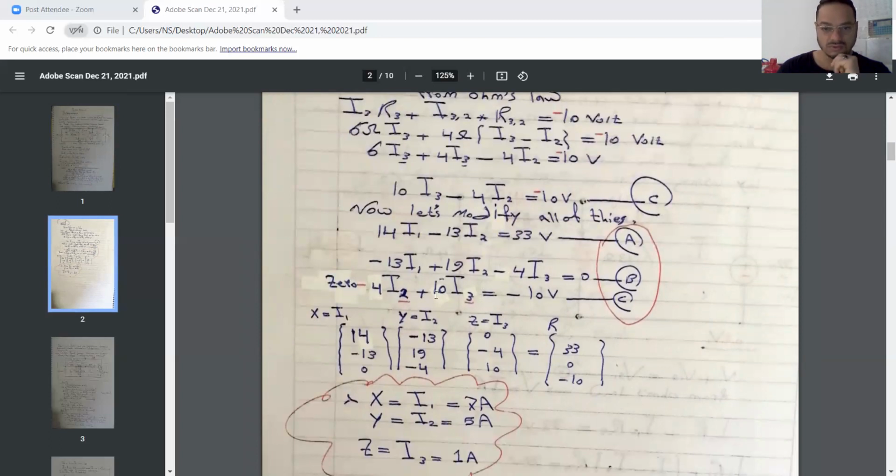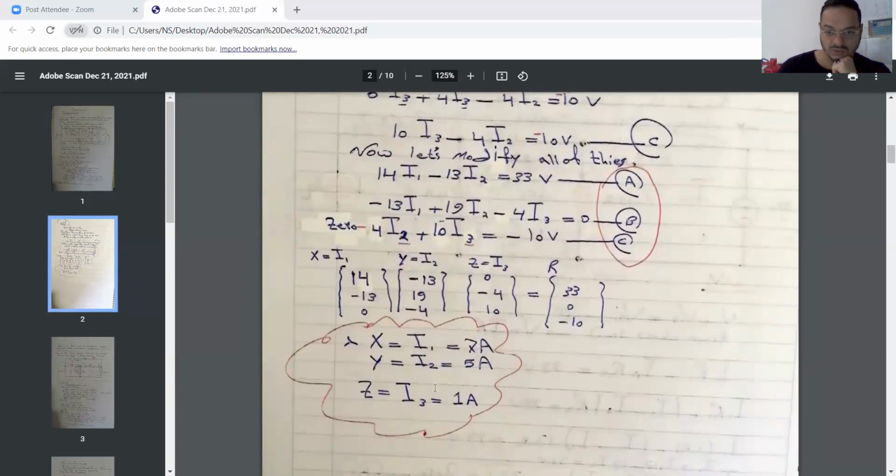And now to do something like that, X, Y, Z, that means X 14 minus 13 and 0, Y minus 13 plus 19 minus 4, and the last one, and the results will be I1 equal 7, 5 I2 ampere, and I3 equal, by using the calculator like the previous lectures.